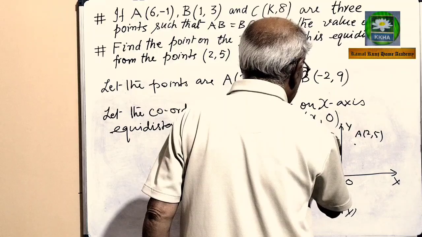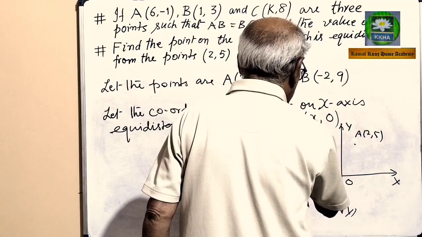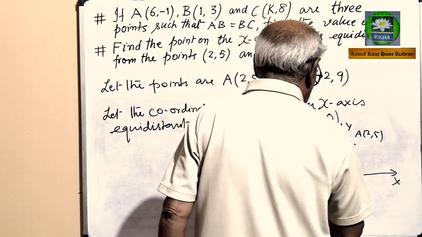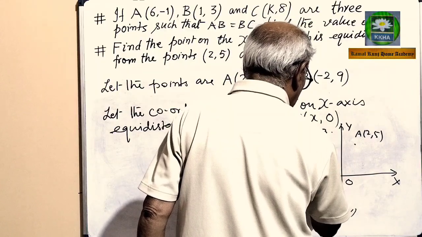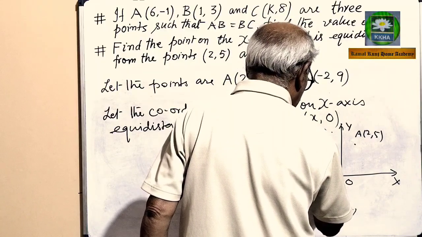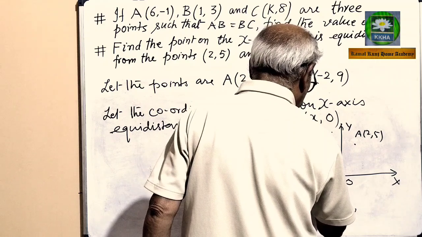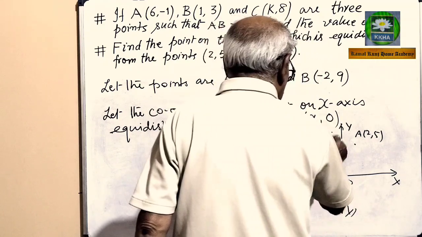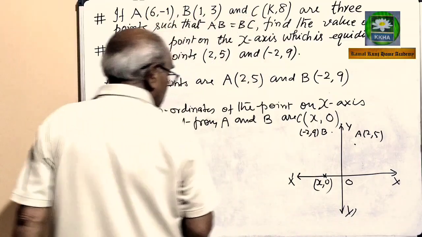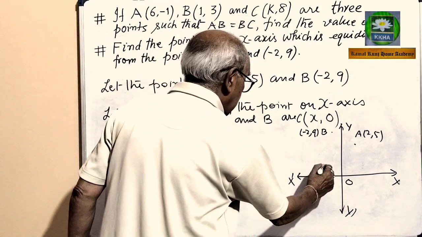Suppose this point is (-2, 9). And these two points are equidistant from a point, suppose it is here somewhere, (x, 0). So this point is C.